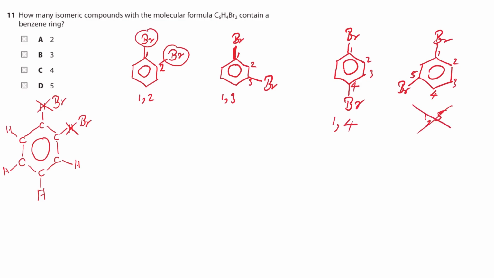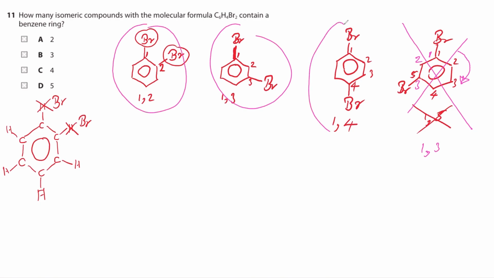No, the reason is we have to give them the least number. So rather than numbering in this direction, I can number it from here: 1, 2, and 3. It's 1,3-dibromobenzene, which we already have here. So that means this is not an isomer. So we have 3 isomers now.